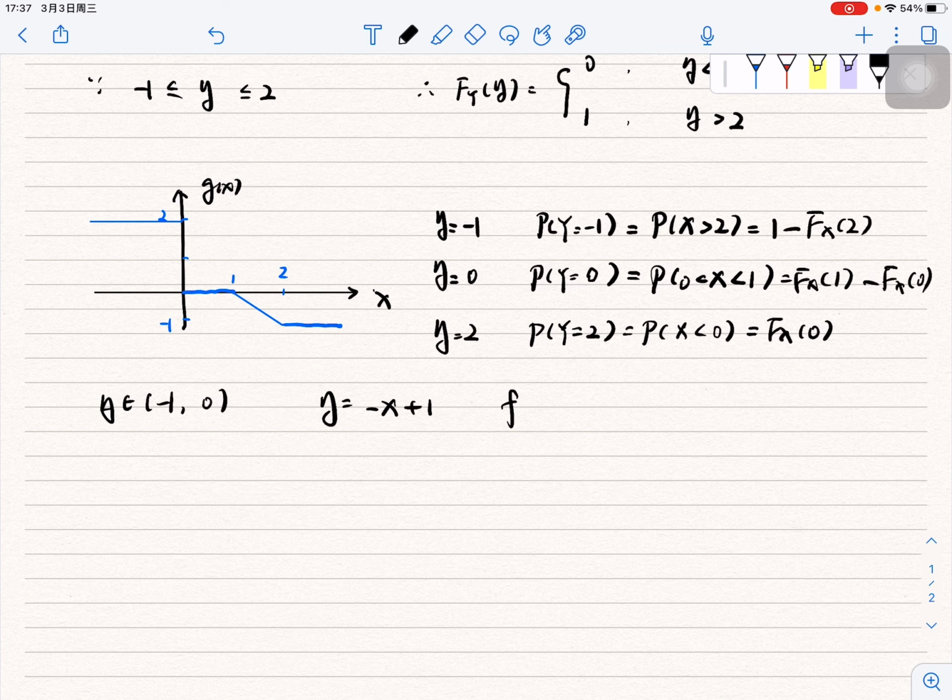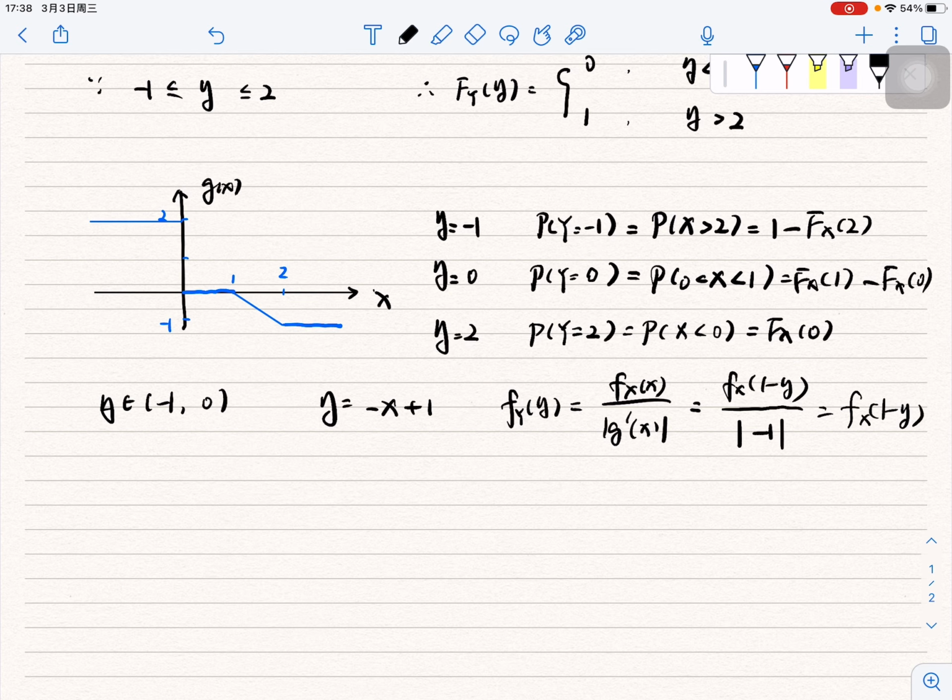According to the formula, we have fx(1 minus y) divided by the absolute value of minus 1, which equals fx(1 minus y).